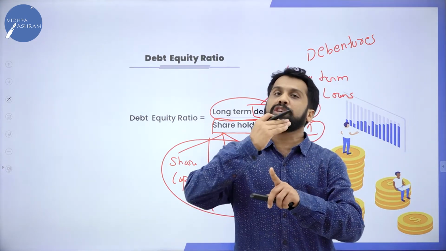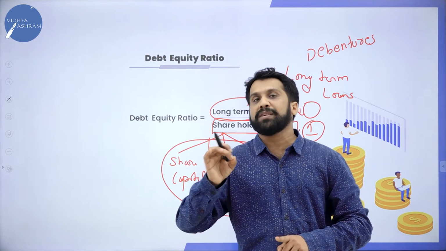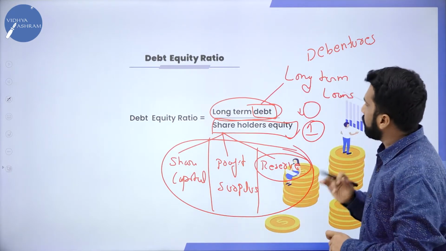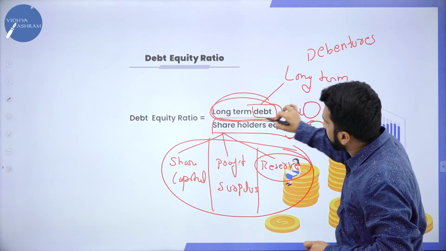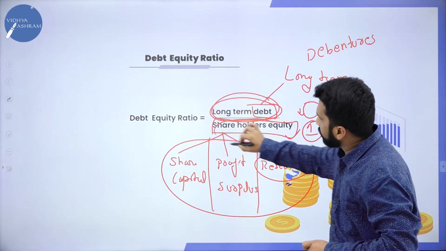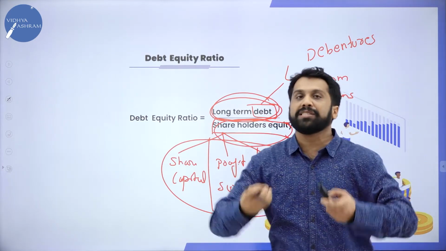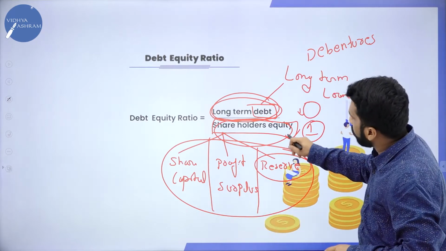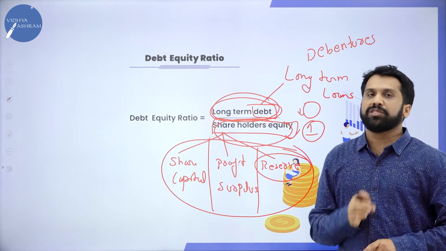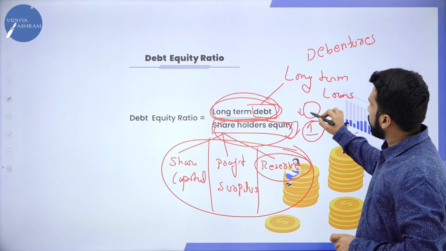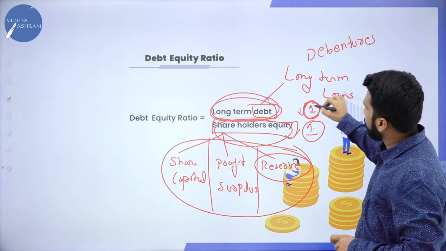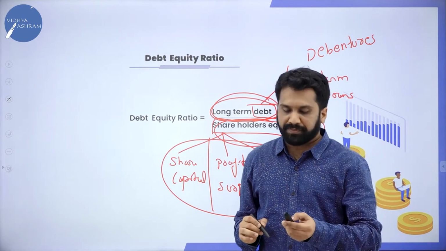If it is more than shareholders fund, it means your company is not in a good position. That means you have taken from outsiders. Shareholders equity is within us, within the owners. So it should always be more than debentures. The proper ratio is 1, equal to 1, or else less than 1.